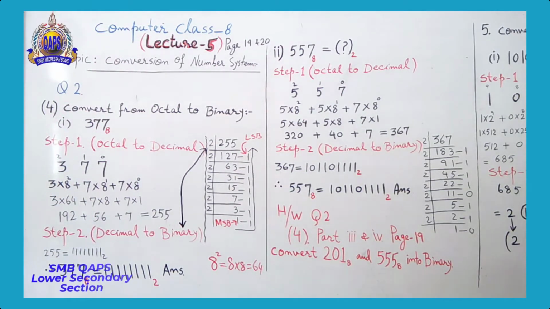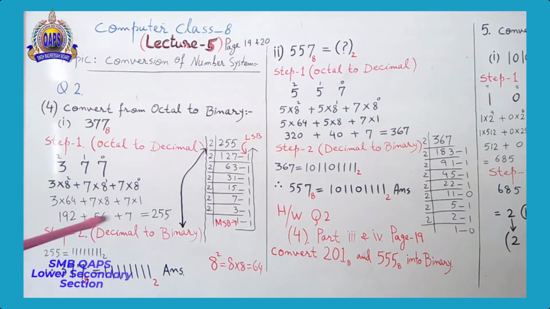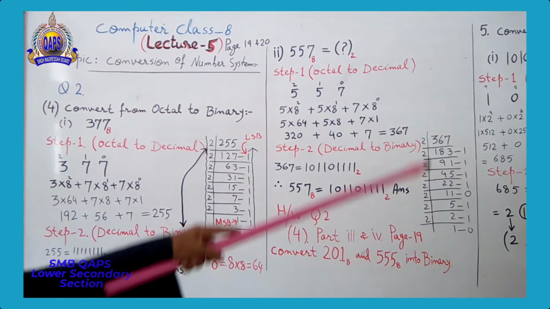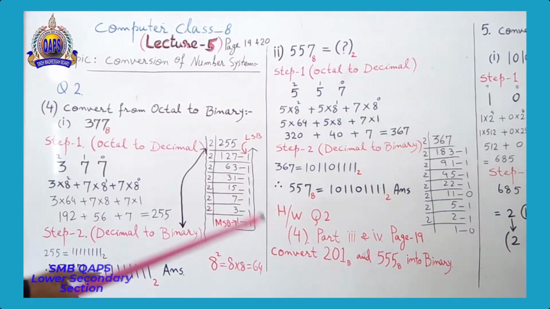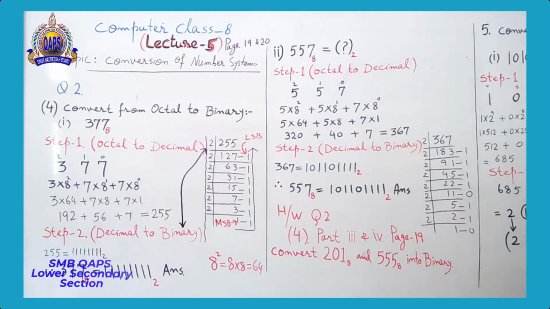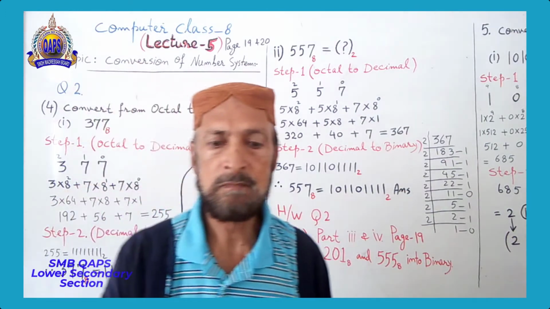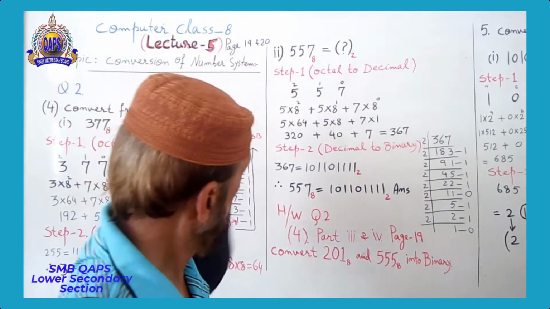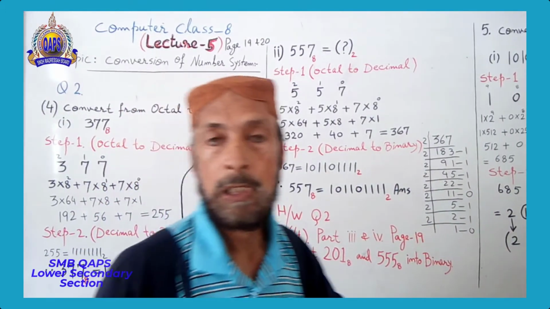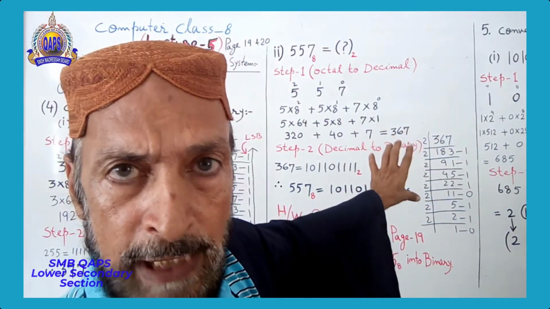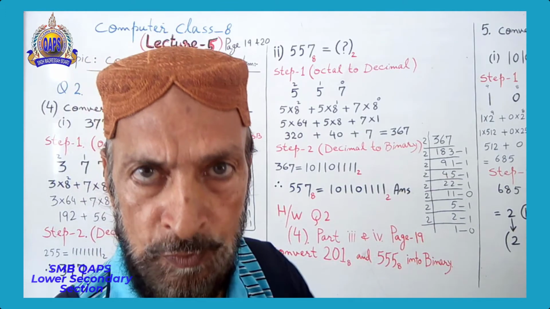You have done this question, so in the light of this question, try to understand all these things. I am giving you a few seconds. Have a look, make its picture, concentrate upon that. I am giving you some seconds.